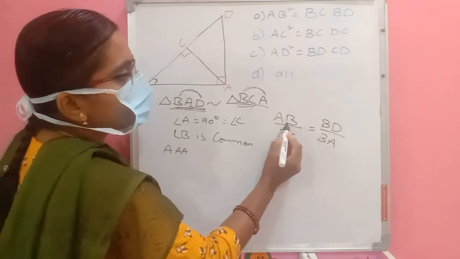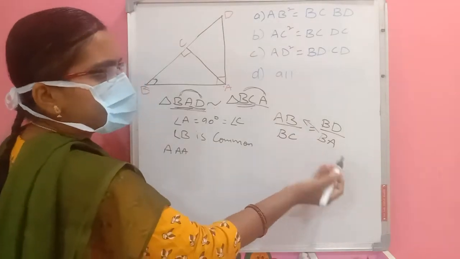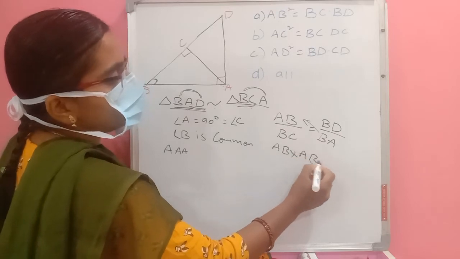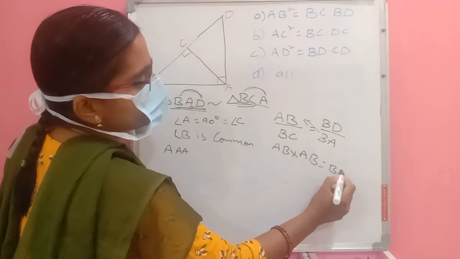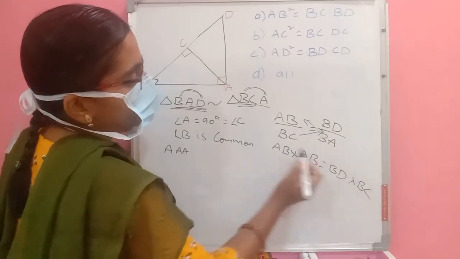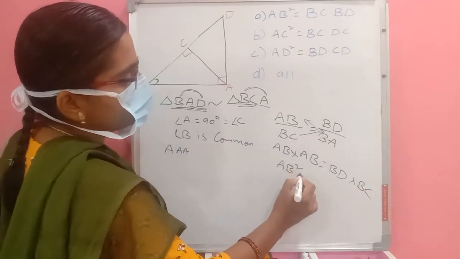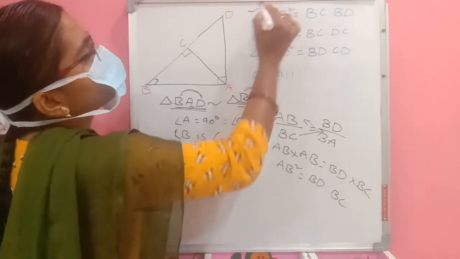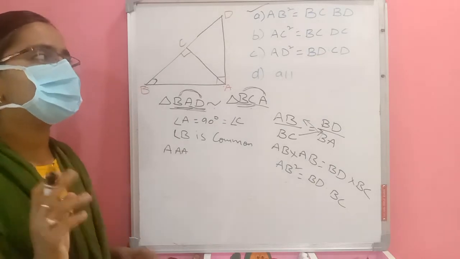So AB into AB is equal to BD into BC, transposing BC to that side. That is AB square equals BD into BC. So the first option is correct.